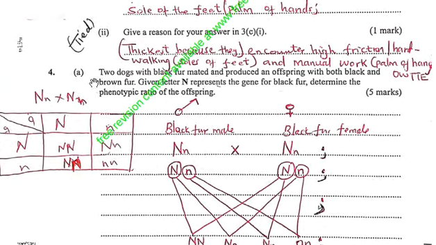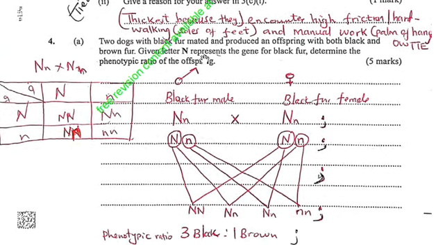Part 4. Two dogs with black fur mated and produced an offspring with both black and brown fur. Given letter N represent the gene for black fur, determine the phenotypic ratio of the offspring. Maybe let's look at the question.